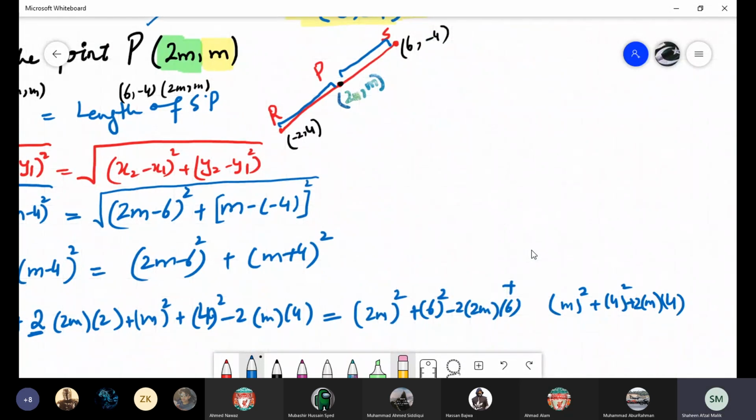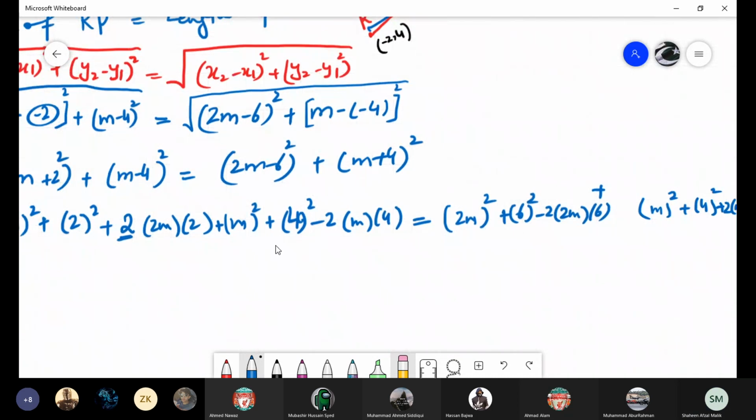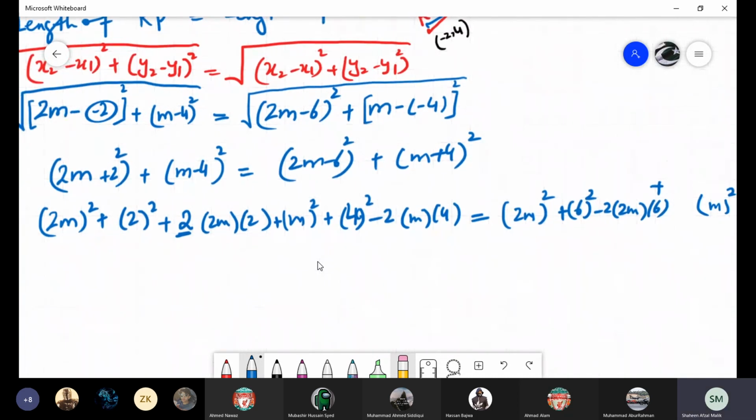So now you have to just simplify this one. When we simplify, it will be 4m square plus 4, plus 2 2s are 4, 4 2s are 8m, plus m square plus 16 minus 4 2s are 8m.